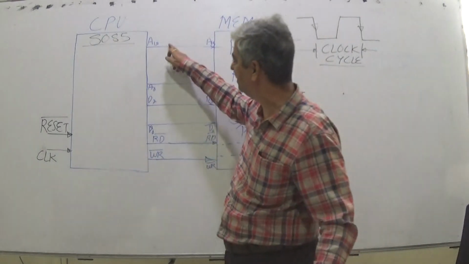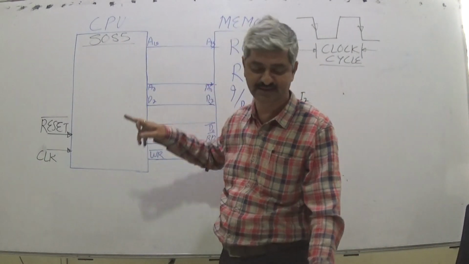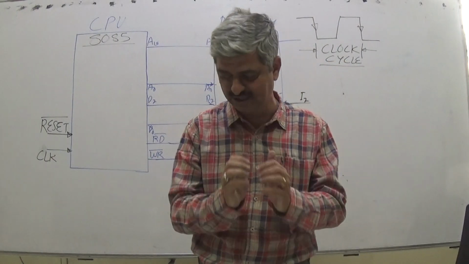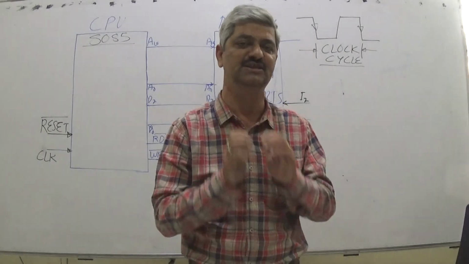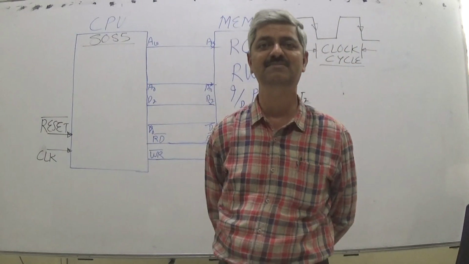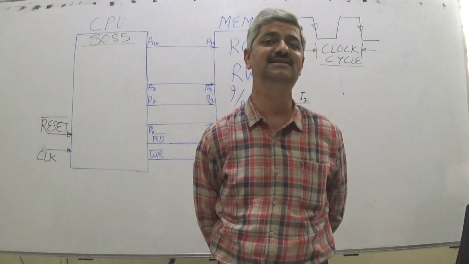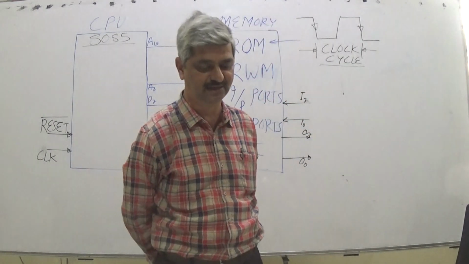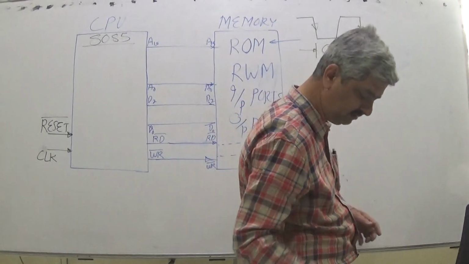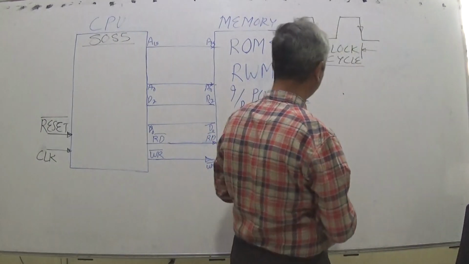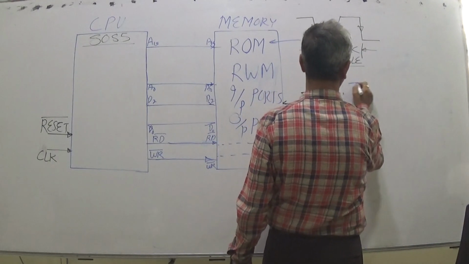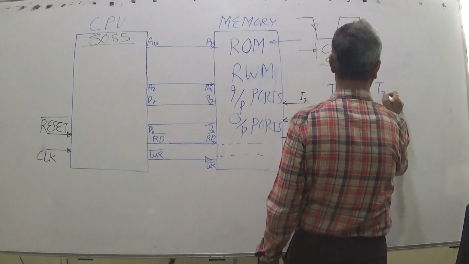So it will output some given, fixed address on the address lines. So the 3 clock cycles comprise one machine cycle. The microprocessor will put one 16-bit address on the address lines in the first clock cycle, in T1, then the second clock cycle, third clock cycle.